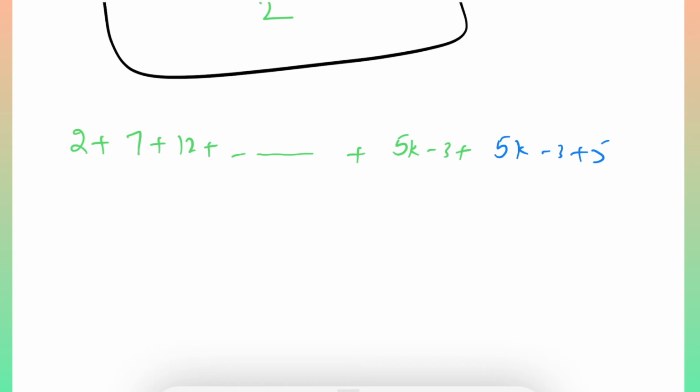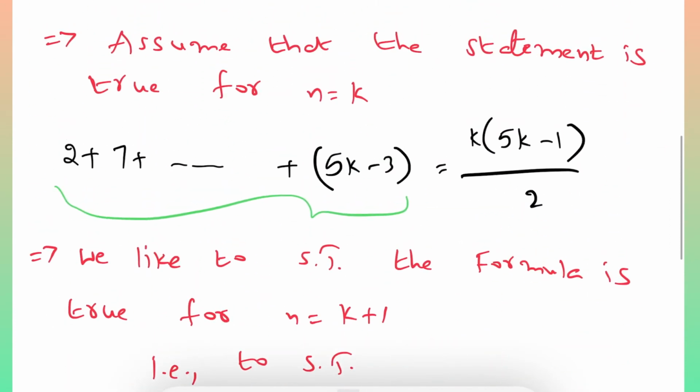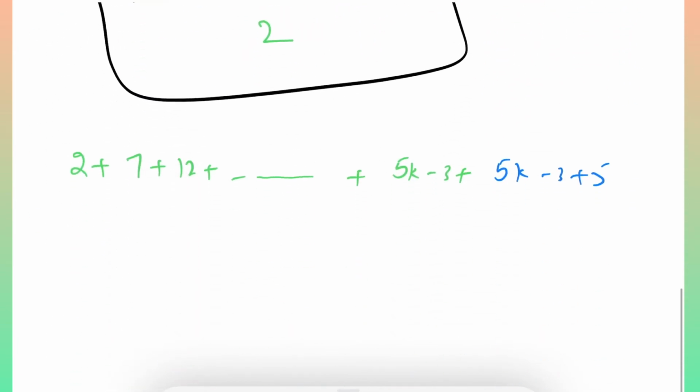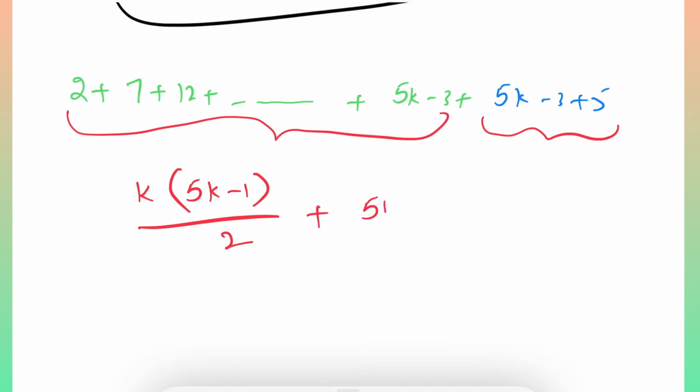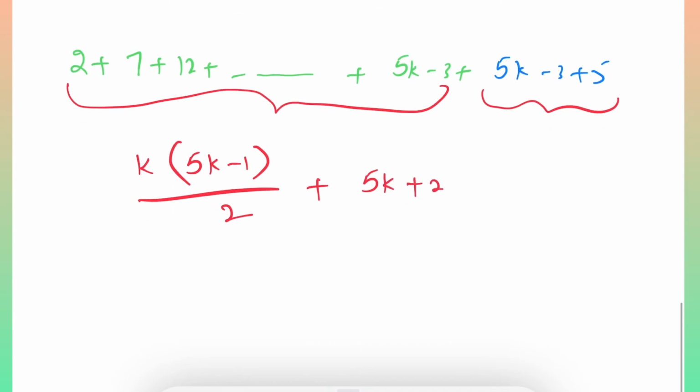Now from the second step, 2 + 7 + and so on + (5k - 3), this total value is k(5k - 1)/2. So this total value is nothing but k(5k - 1)/2 plus the next term, 5k - 3 + 5, which is 5k + 2.